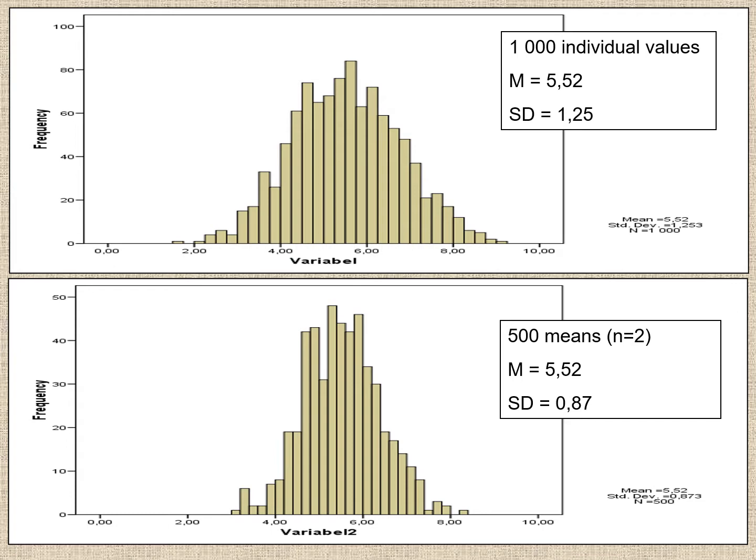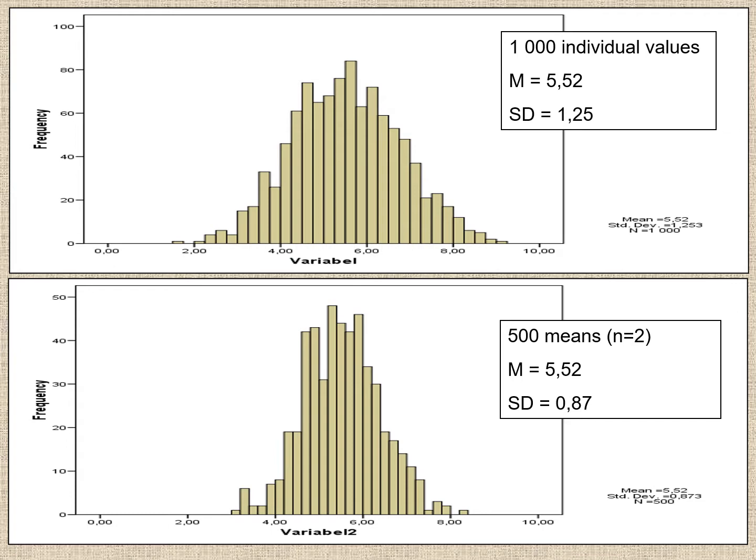Well, imagine the following. We take an individual with a very high value. Let's say we take one of these 1,000 individuals, a person with a value of 9 on depression here. As you see, it's in the right-hand tail of the distribution. Then we pair this person with one other person from the same distribution, randomly selected.